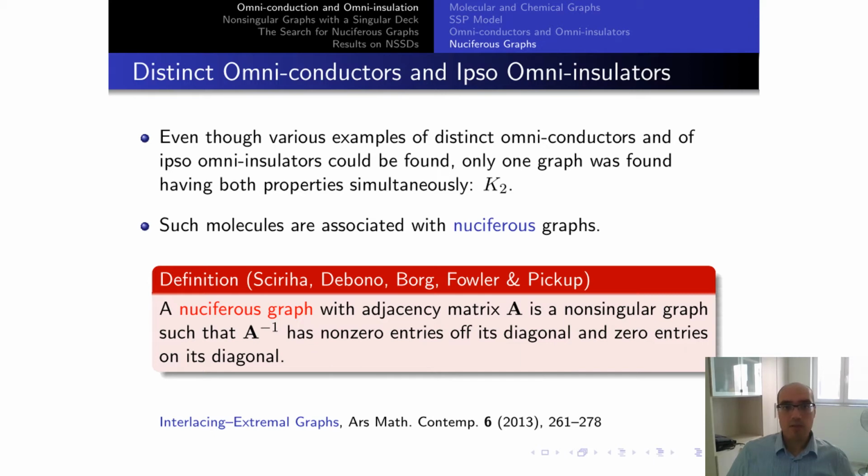So a nuciferous graph is a non-singular graph whose inverse has non-zero entries outside its diagonal and zero entries within its diagonal. And the question was whether there are other nuciferous graphs apart from the trivial one K2.